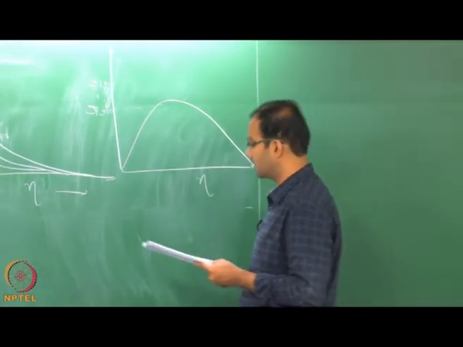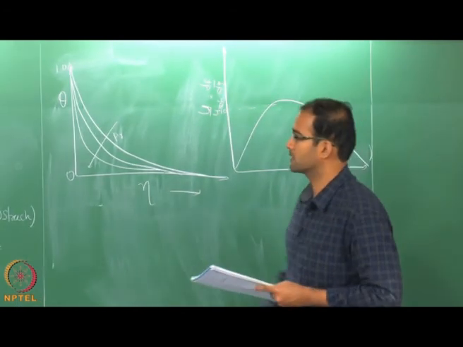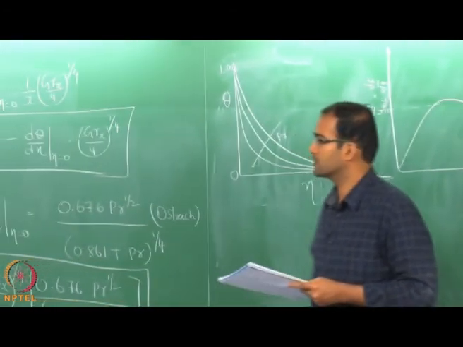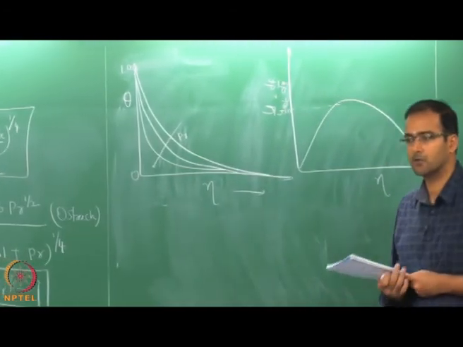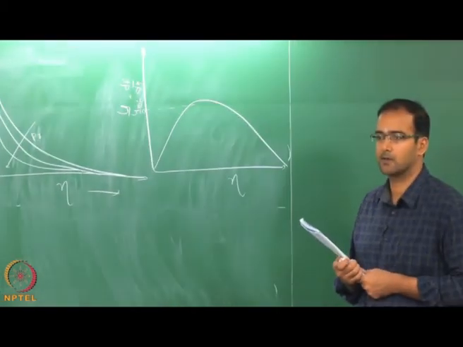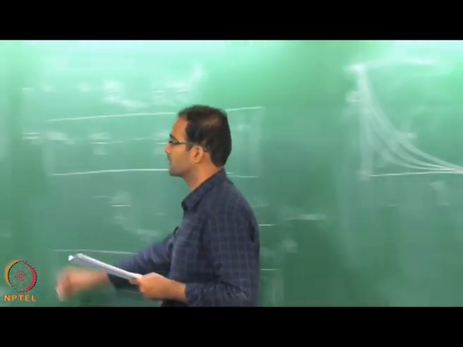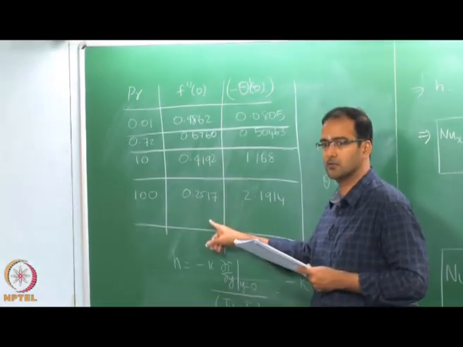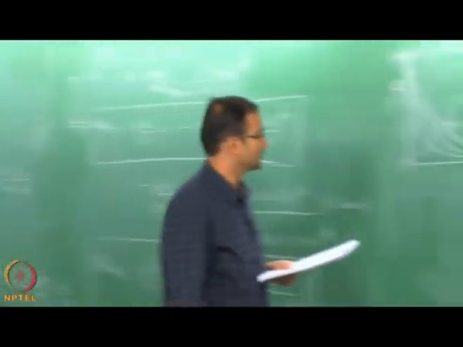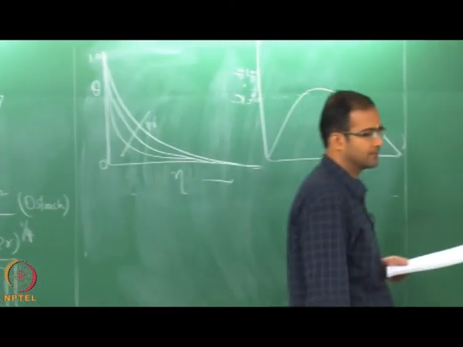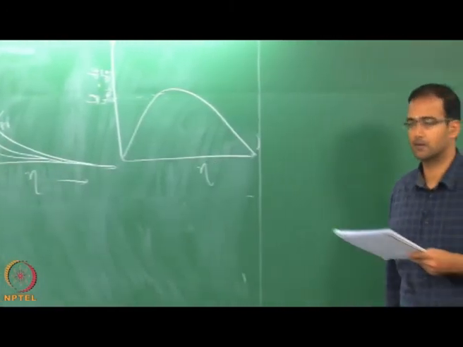Okay. And similarly with Prandtl number, what happens? What happens to the slope of the velocity at the wall? It decreases. With increasing Prandtl number, the slope decreases. So, therefore, how should the curve shift with increasing Prandtl number?